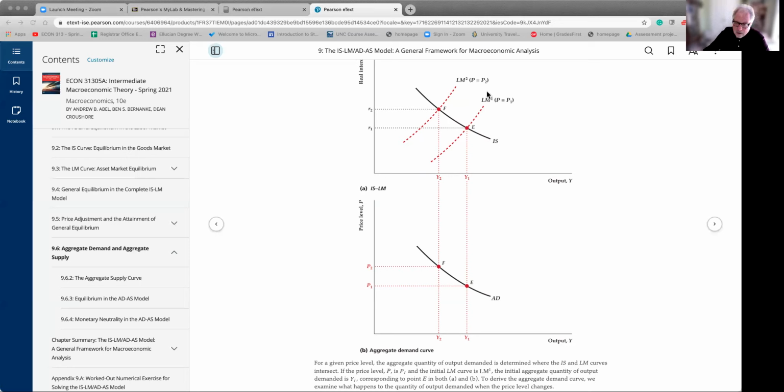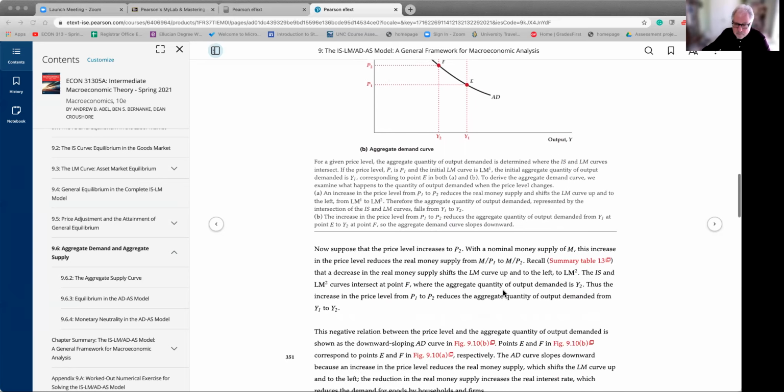Anything that shifts the LM curve in the asset market, the money demand or money supply in the asset market, will shift the aggregate demand curve. So taxes and government spending, changes in technology that affect the marginal productivity of capital, tax policies that might affect investment, and on the LM side, the Federal Reserve and the money supply in particular. All those things are going to affect aggregate demand.